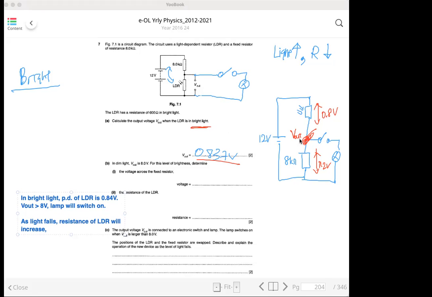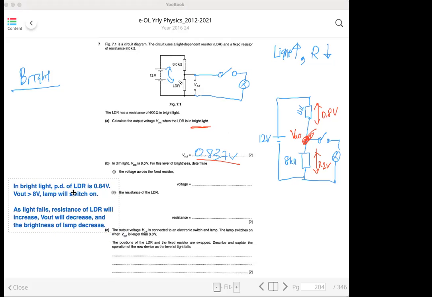Is that clear? So V out will decrease, and the brightness of the lamp decreases. Okay, are you clear about this so far?